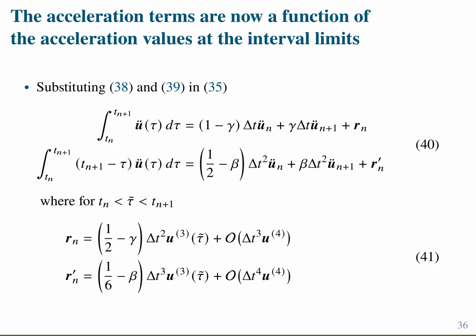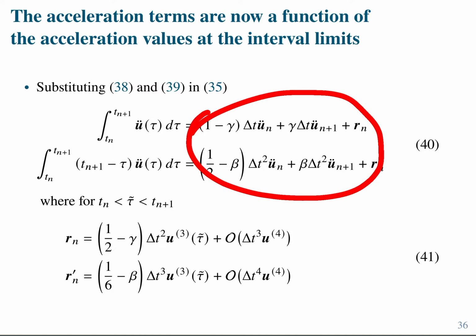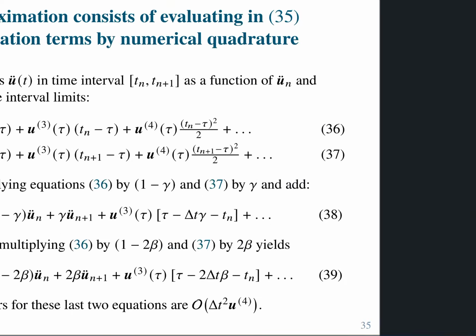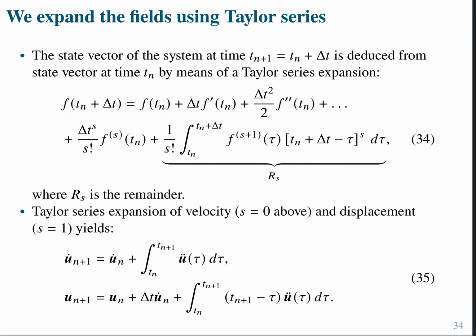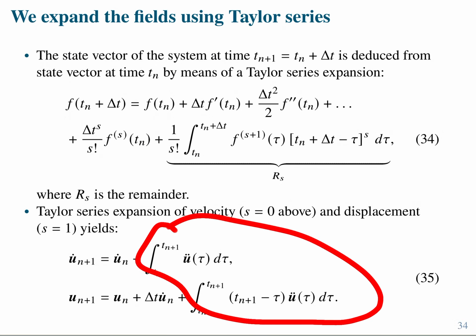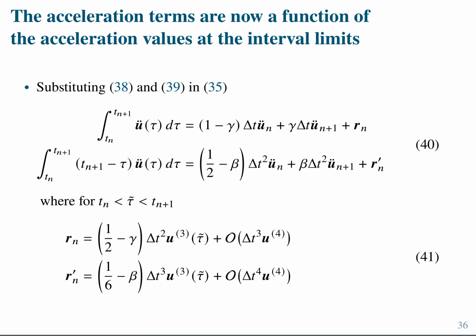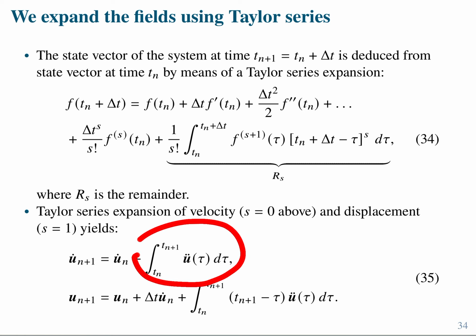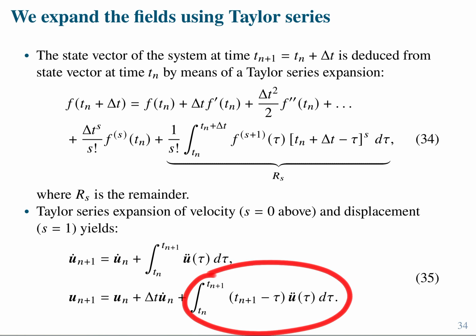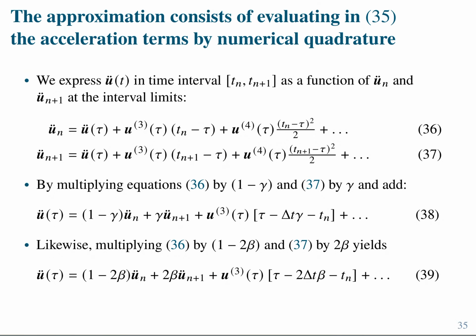And so we get these two expressions where Rn, as you see at the end, is again a remainder with some order of accuracy. But these are the expressions that we're going to put back into these guys, right? So now we have a concrete equation for what I'm going to replace this and this with, right?